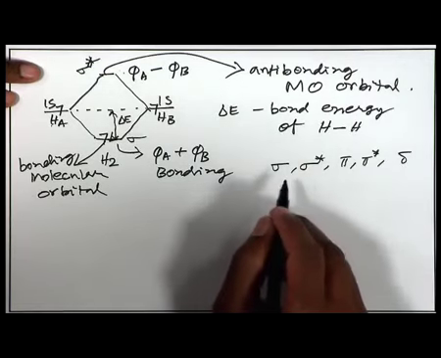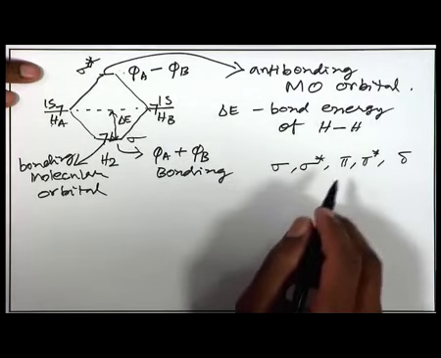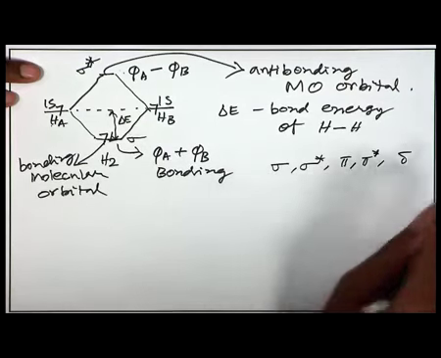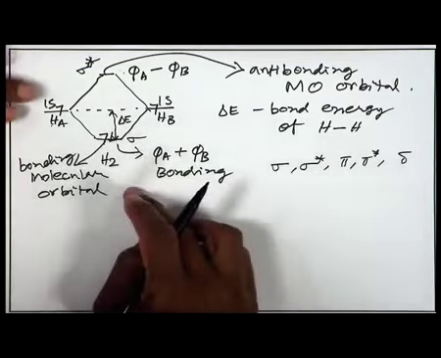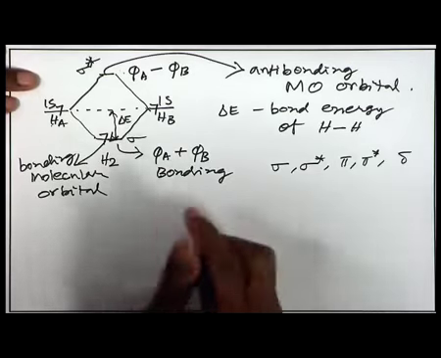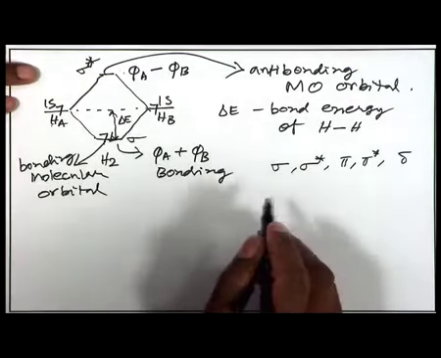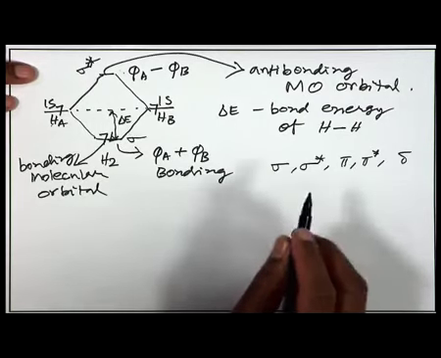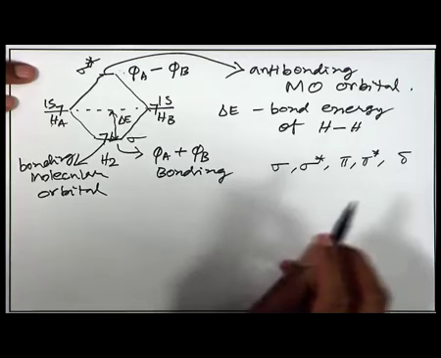You have 1s, 2s, 2p, like that. You have sigma, sigma star, pi, pi star molecular orbitals in molecules. Their energy levels are filled by following Pauli's exclusion principle and Hund's rule of maximum multiplicity.